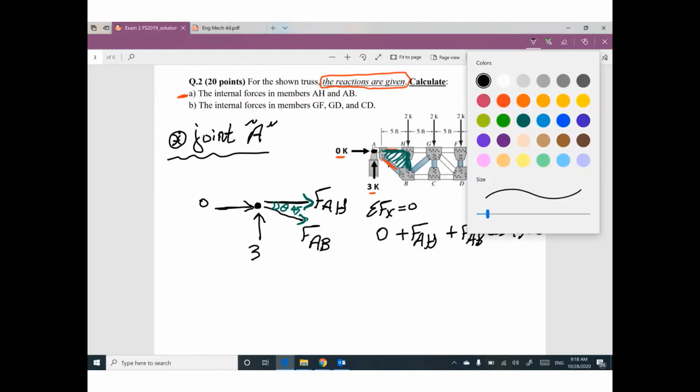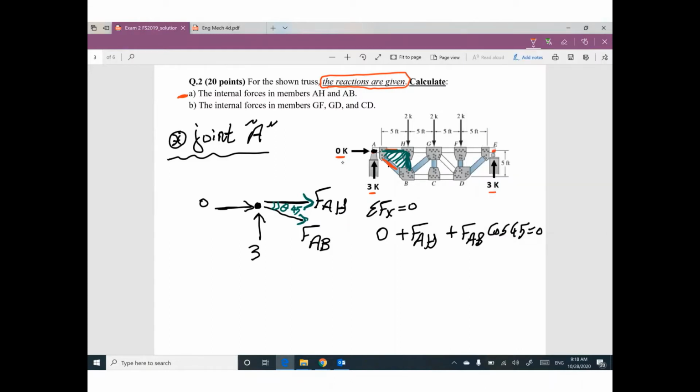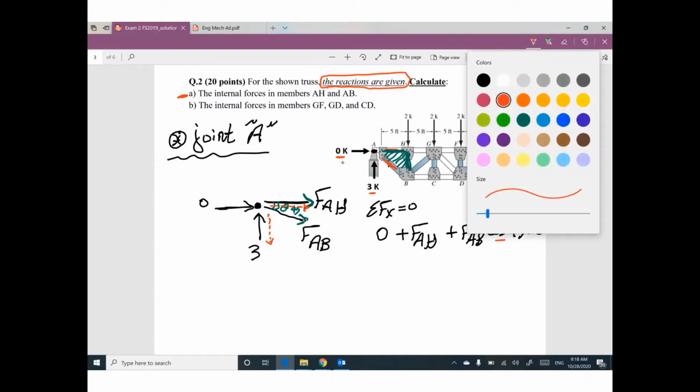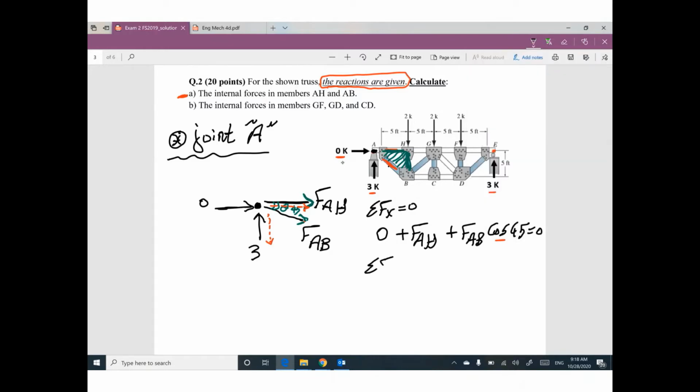Guys, this inclined force will have two components, one vertical and one horizontal. The horizontal one will be cosine. We have another equilibrium equation, summation Fy equals 0. What do you have in the y direction? We have positive 3, and negative this vertical component, FAB sine 45 degrees, equals 0.